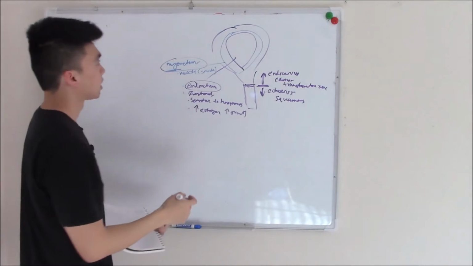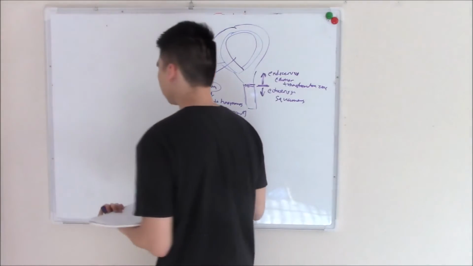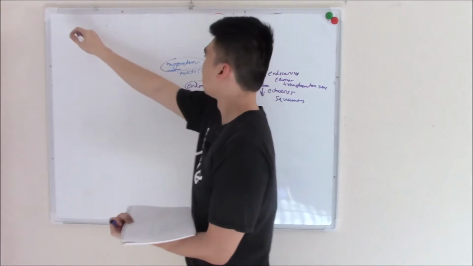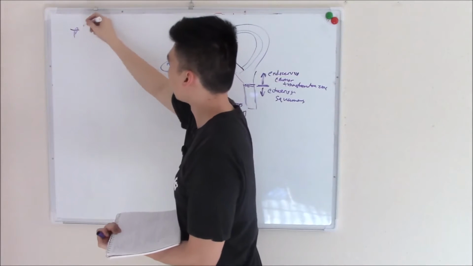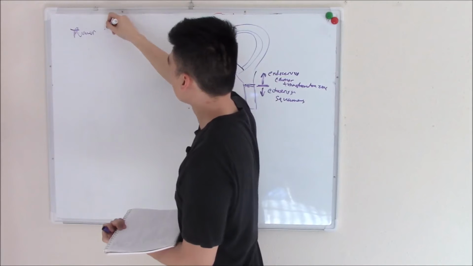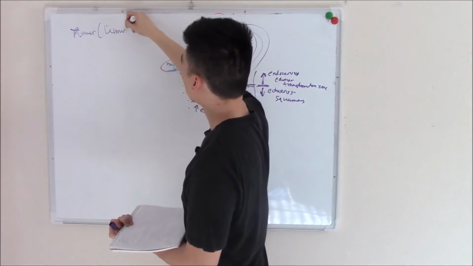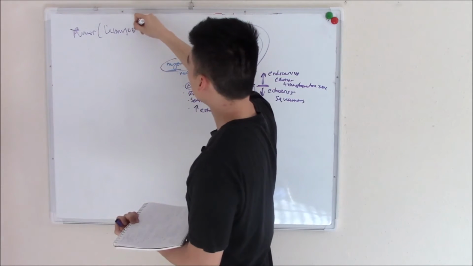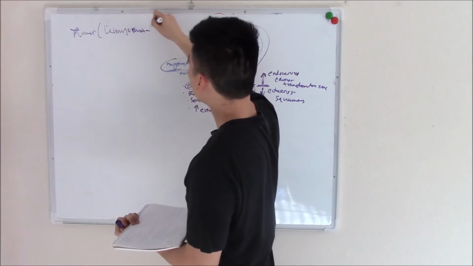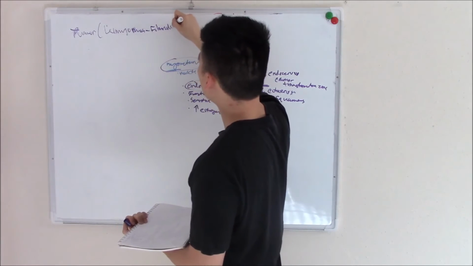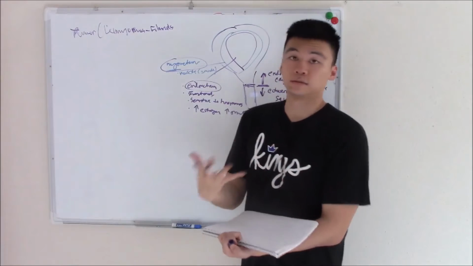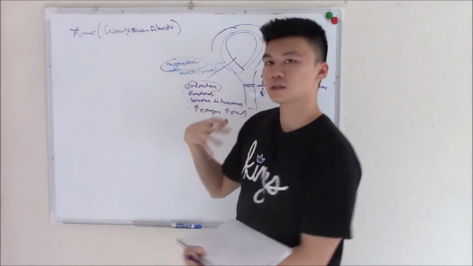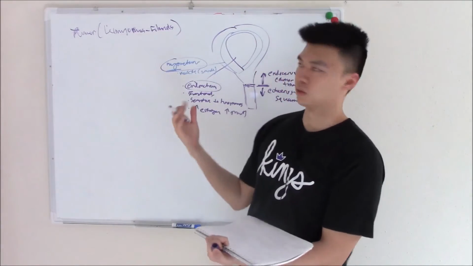So your myometrium, you can have pathology such as tumors of your myometrium. That is called leiomyomas, more commonly just referred to as fibroids. Fibroids are leiomyomas, leiomyomas are fibroids.